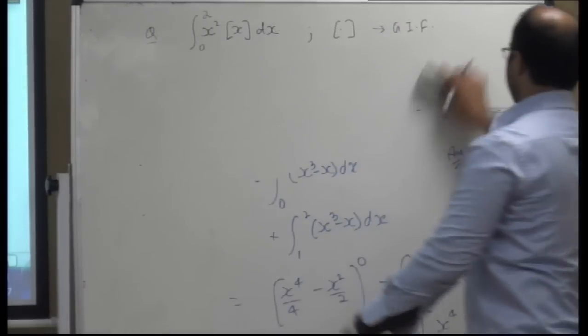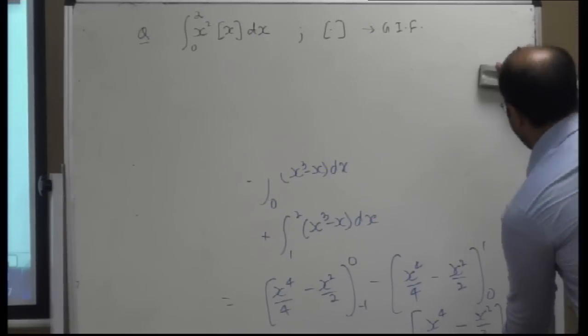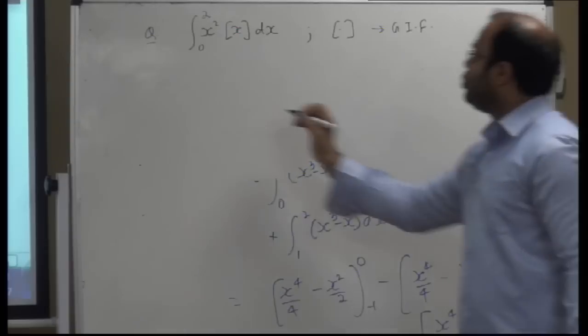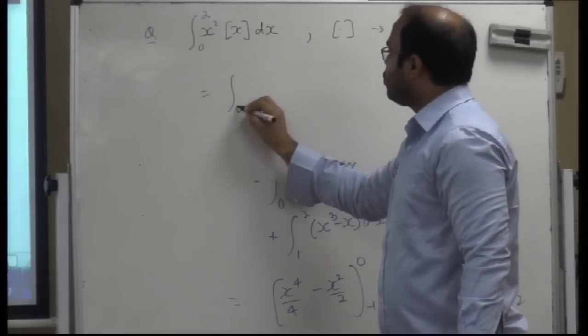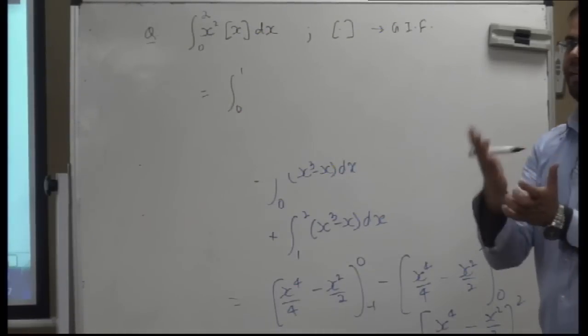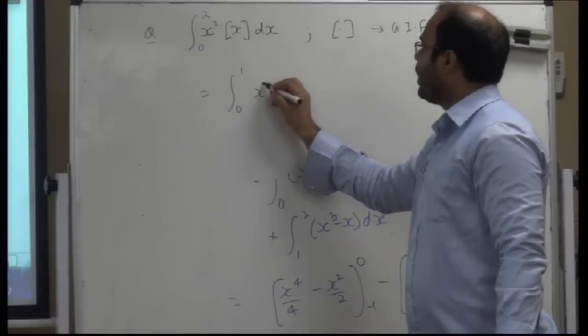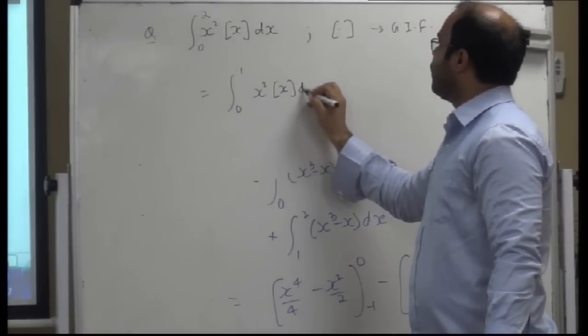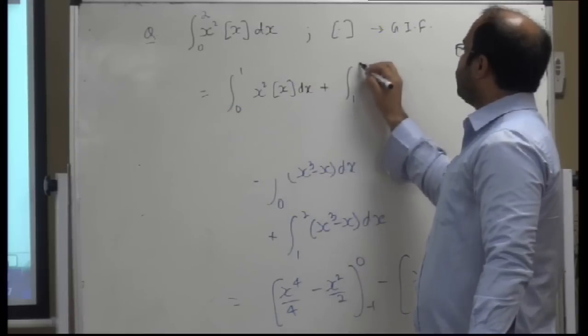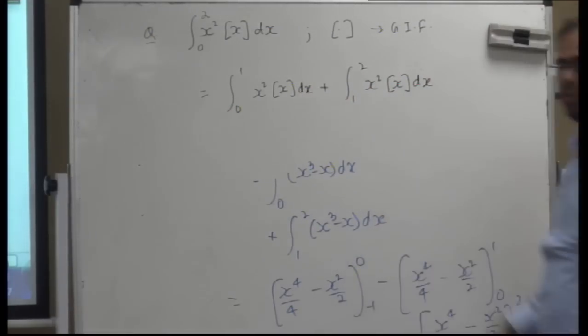And what you will do next is, you will take it as 0 to 1, because greatest integer function in consecutive integers is a constant. From 0 to 1 you can take x square greatest integer of x dx plus 1 to 2 x square greatest integer of x dx. This is what you will do.